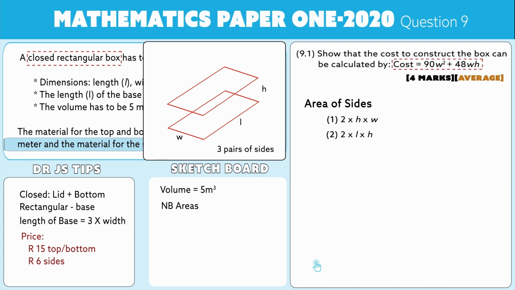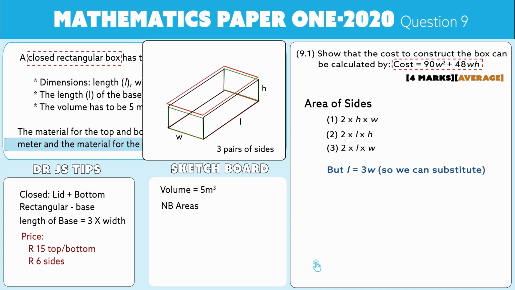That will have a W and an L, so there's 2 of them times L multiplied by W. But we should not forget what they told us: the length of the box is 3 times the width of the box. So we can substitute either the length or the width in here. It really doesn't matter which one of the two we put in here.